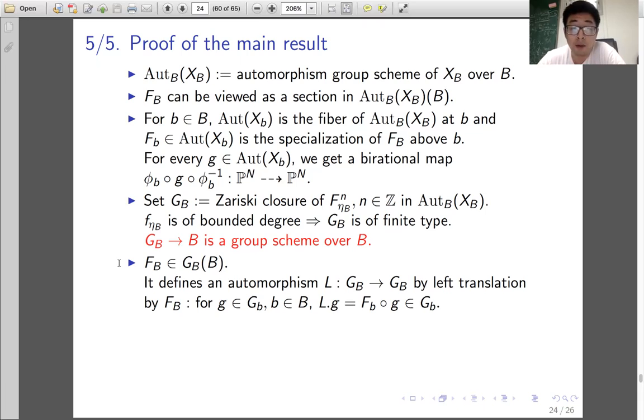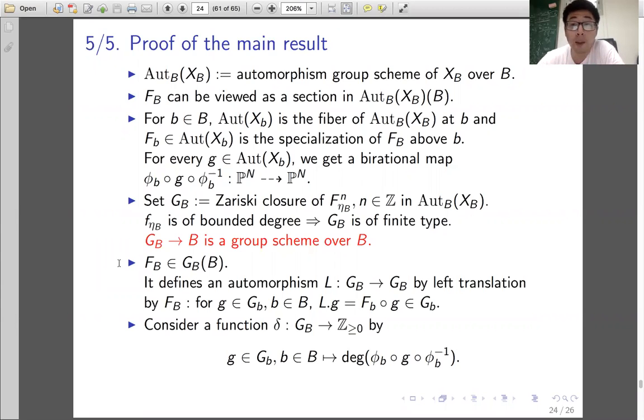More precisely, for every point g in some fiber G_b, L acts on g by F_b∘g in G_b.